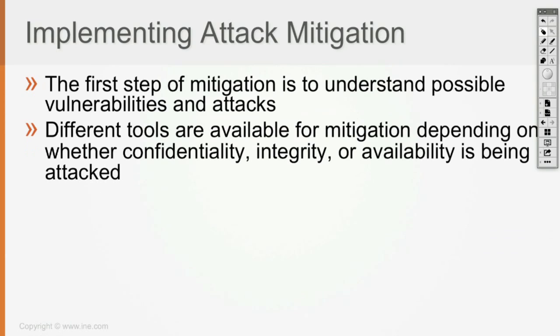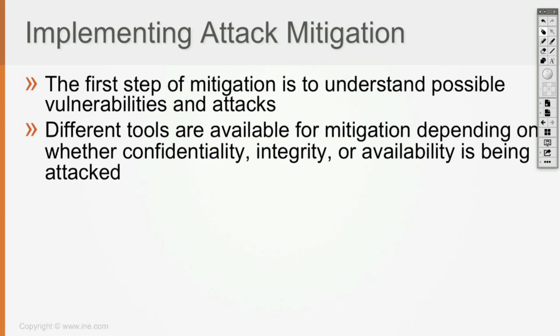Now, to implement attack mitigation, the first step is to understand possible vulnerabilities and attacks, as I was saying before, which is pretty much the same thing as the most important step in network security design. You've got to understand what you are exposed to, and out of those possible attacks, which ones apply to your network and your systems.